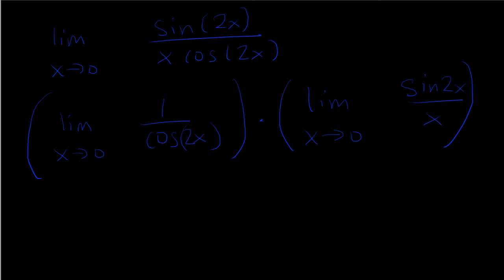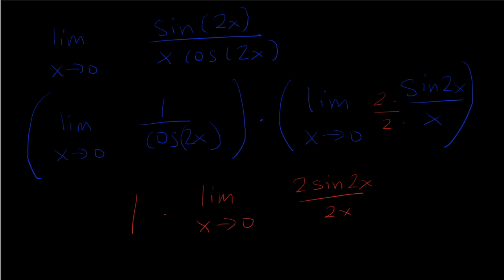Okay, so for the first limit, if we plug in 0 for x, we get 1 over cosine 0, which is just 1. And now for the second one, we can multiply top and bottom by 2 to get limit as x approaches 0 of 2 sine 2x over 2x.